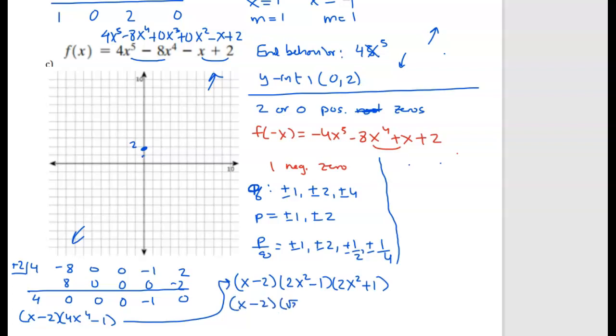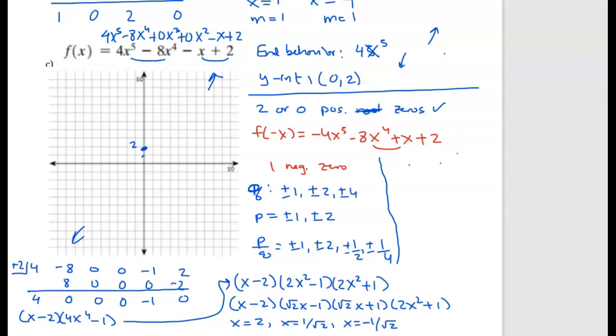This factors as square root of 2 x minus 1 and square root of 2 x plus 1, and this one does not factor. Alright, so my zeros are x equals 2, x equals 1 over square root of 2, and x equals negative 1 over square root of 2. So we have 2 positive zeros and 1 negative zero and 2 complex zeros, basically.